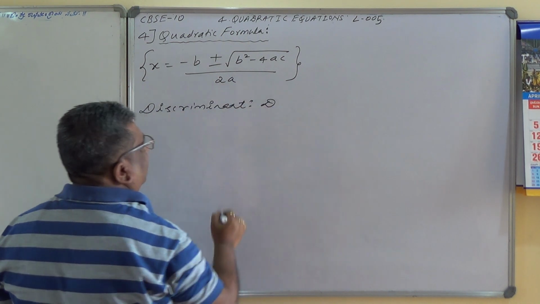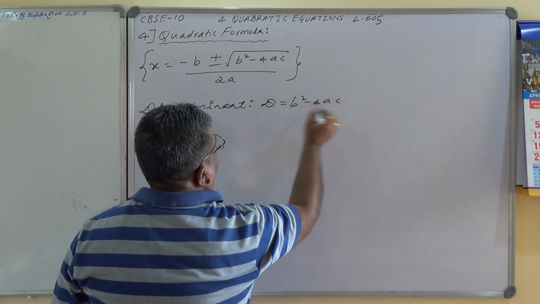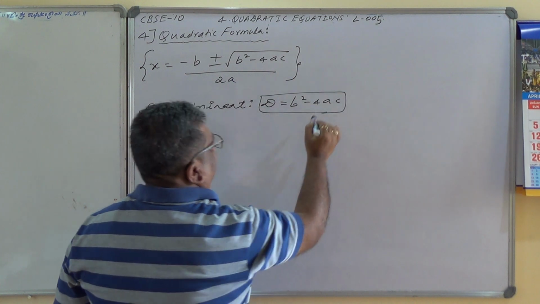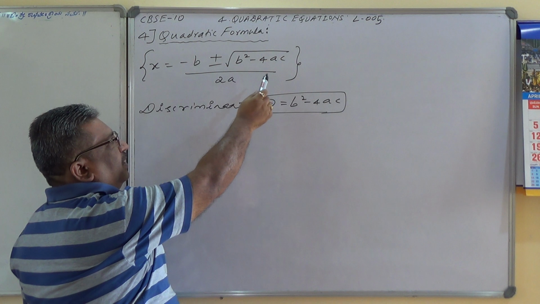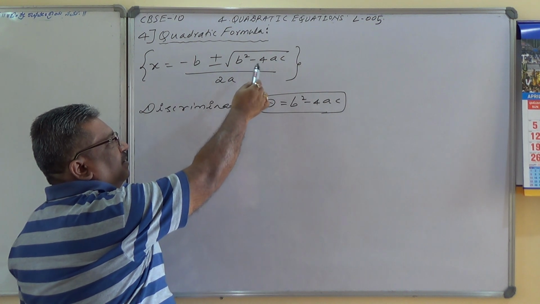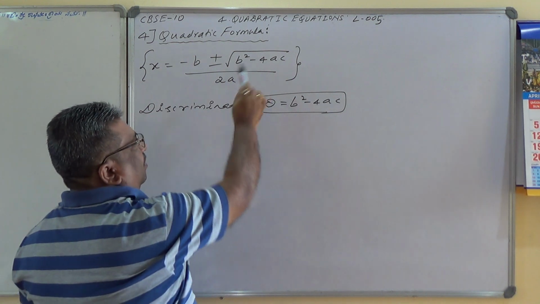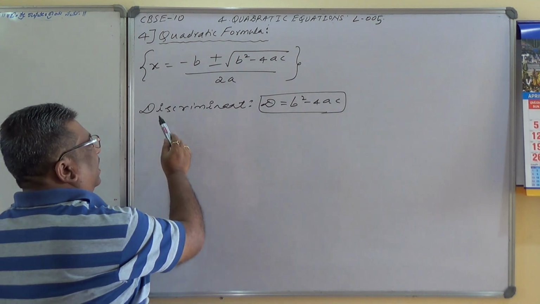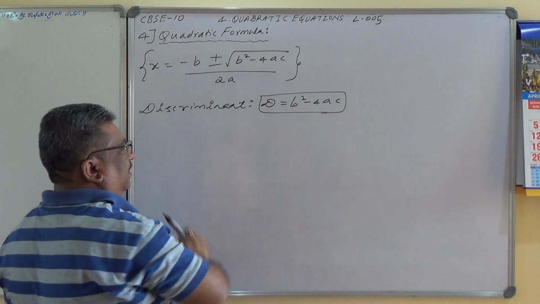Discriminant D equals b square minus 4ac. Please remember, whatever algebraic expression is there under the root of b square minus 4ac, that algebraic expression is called the discriminant and it is represented by capital D. So capital D equals b square minus 4ac.